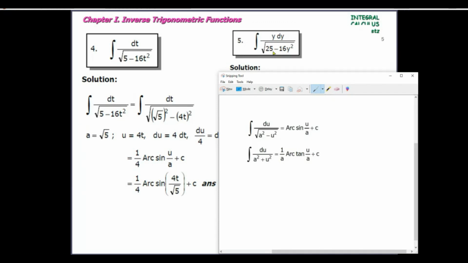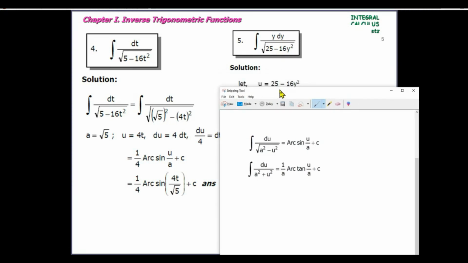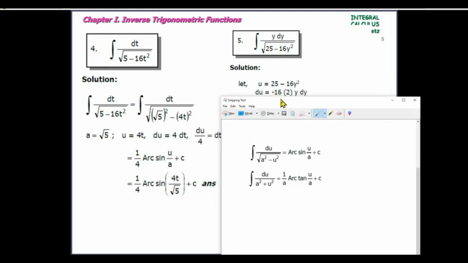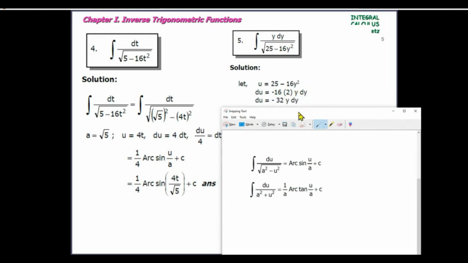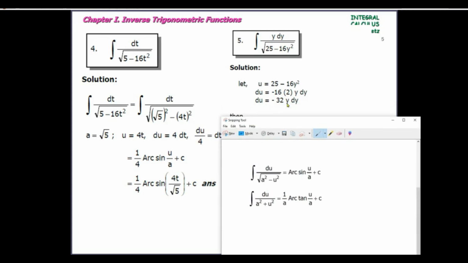So if you will use u is equal to 25 minus 16y squared, your du is equal to negative 16 times derivative nito is 2y dy. Or du is equal to negative 32y dy. May y dy doon, so therefore, yung y dy is equal to negative du over 32. Pakitandaan na lang, negative du over 32.